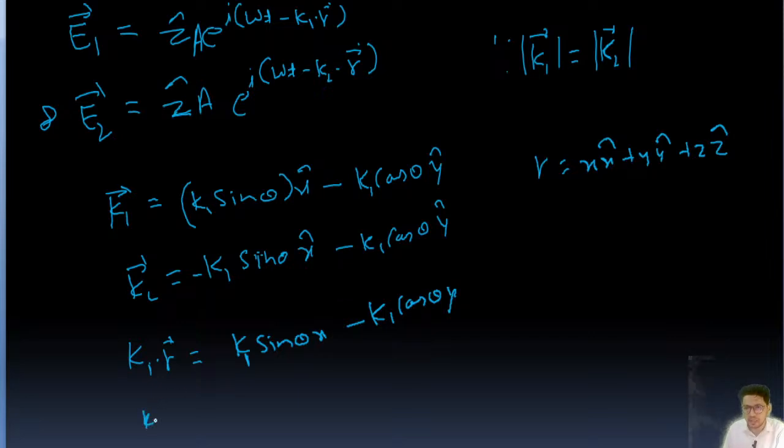And similarly k2 dot r is going to be minus k1 sin theta x minus k1 cos theta y, because k1 equals k2, since their wavelengths are the same, coherent waves.